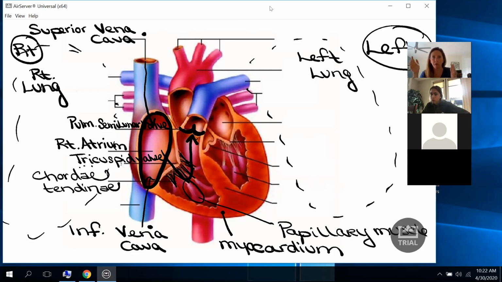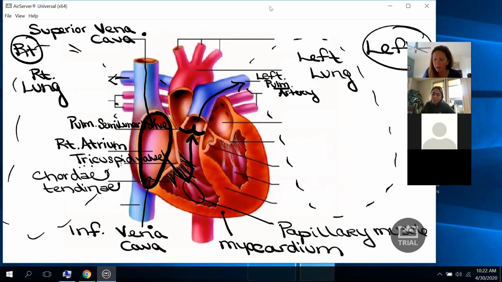The point is that at this point, the blood is leaving the heart and it's leaving through these blue colored pulmonary arteries. Okay, so this is a pulmonary artery on the left. Anytime you have an artery, it's carrying blood away from the heart. So this is an artery because the blood's going out of the heart.